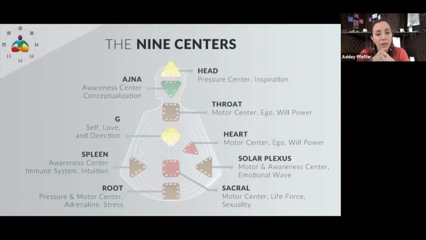However, if you have a defined heart, which a lot of manifestors do, that tends to be your center that drives you, that gives you energy. So it's not that a manifestor is a non-energy type, it's just they don't have the sacral. So this is what drives you, because your willpower and your motivation will definitely drive you.